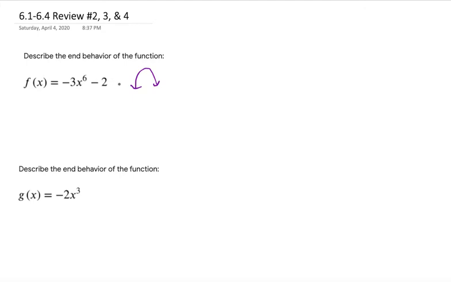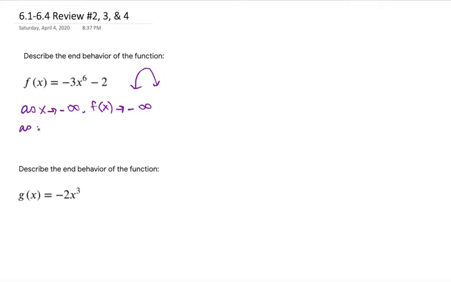So when I look at this, I need to write this as x approaches negative infinity, f of x approaches negative infinity.